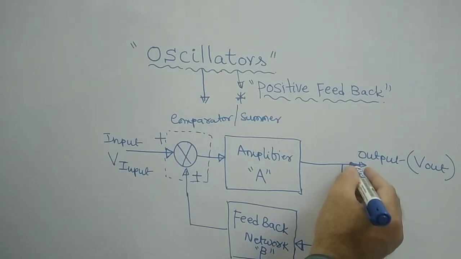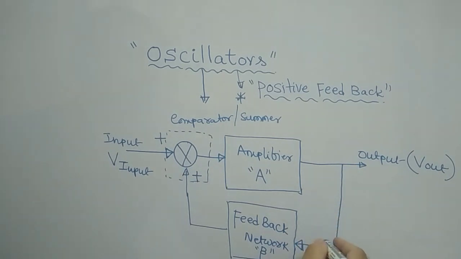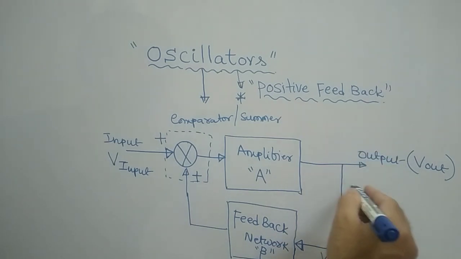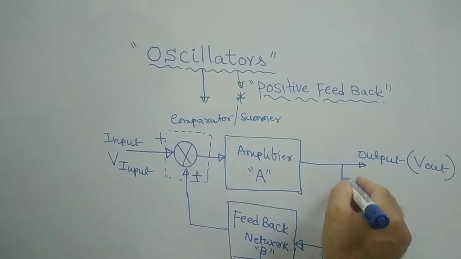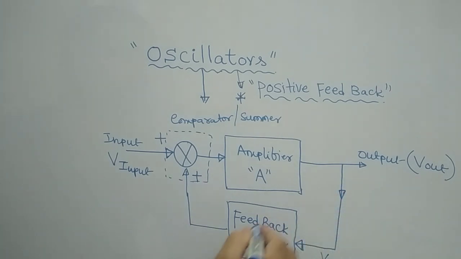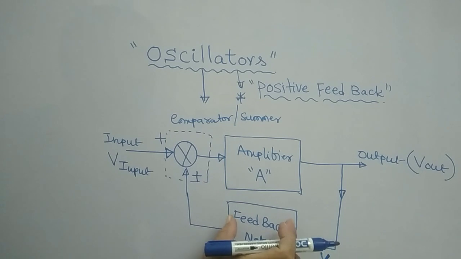This is my part of the output. This is my V naught, coming from here, with an arrow mark in reverse direction, and now beta. Once this V naught is passing through this feedback network, what could be the output of this network?